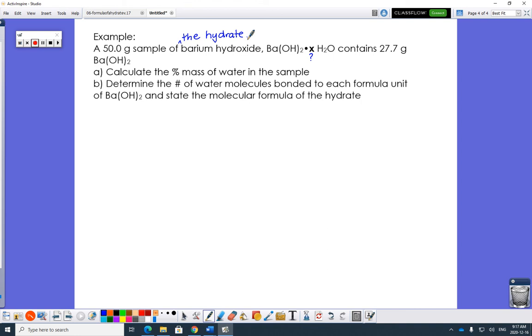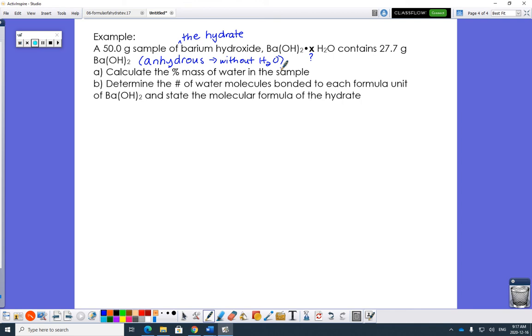Again, it might say anhydrous. Here I've given you the formula without water that implies anhydrous. So the questions could be worded a little bit differently.